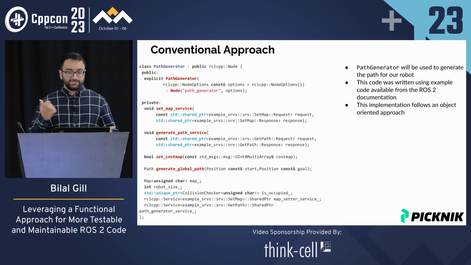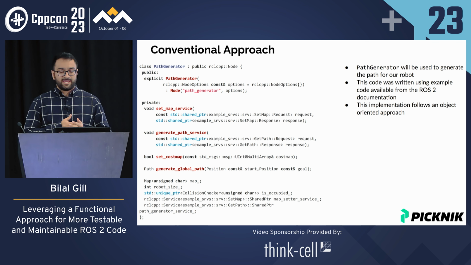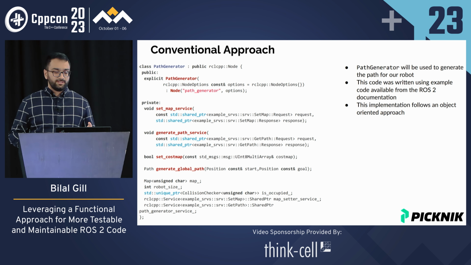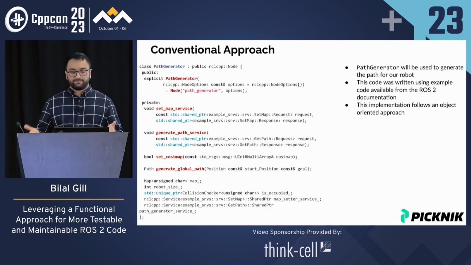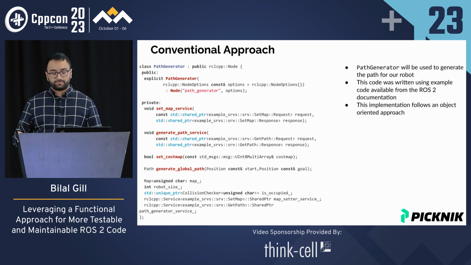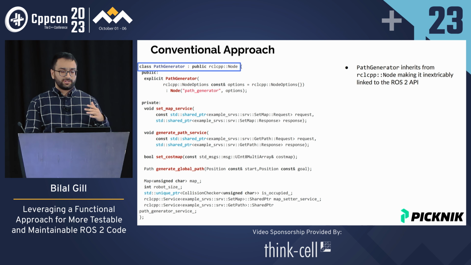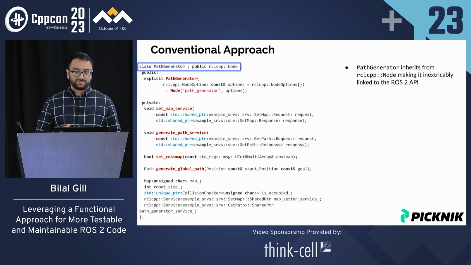The path generator class will be used to generate the path for our robot. And like I said, this code was written using example code available from the ROS2 documentation. I'm sure you can tell, but this implementation follows an object-oriented approach.